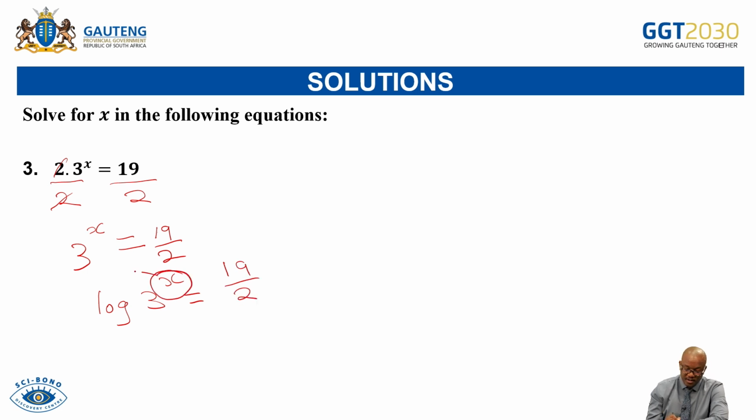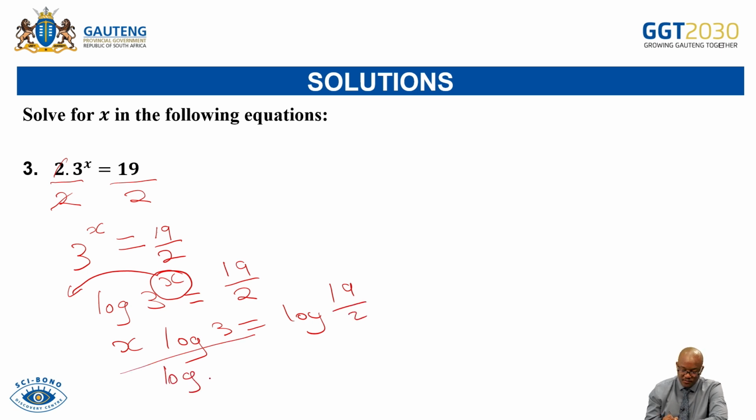We now apply our rule where x multiplied by log 3 is equal to the log of 19 over 2. Then we divide both sides by the log of 3.